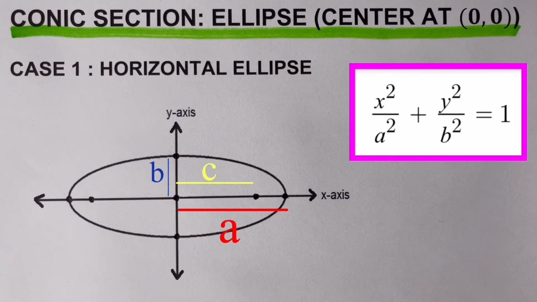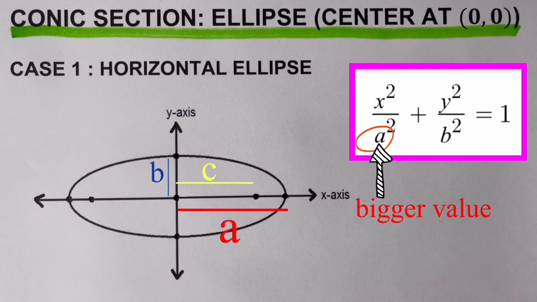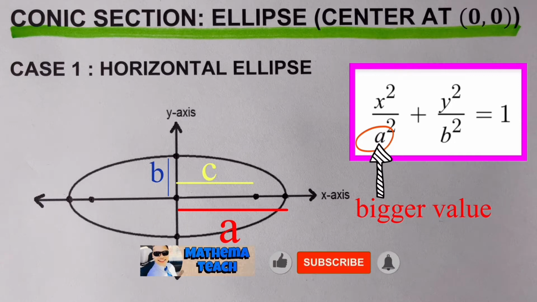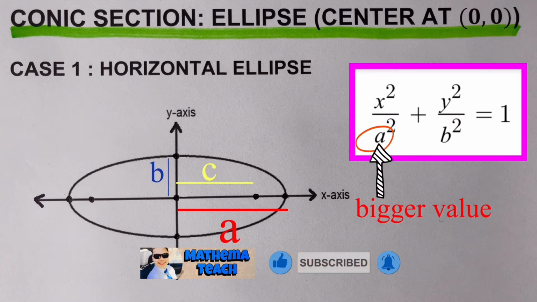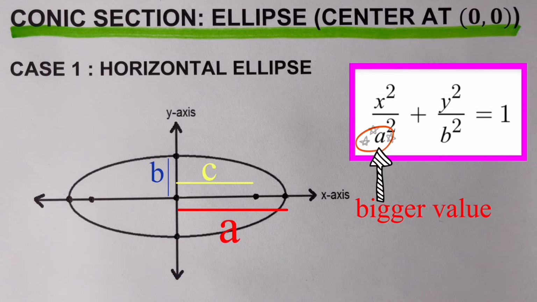Notice that our a is the longer value, because this is half of the major axis, which is the longer diameter. Notice that a is the denominator of x squared. This means that if the denominator of x squared is bigger compared to the denominator of y squared, we have a horizontal ellipse.